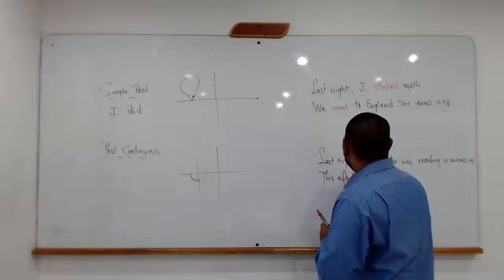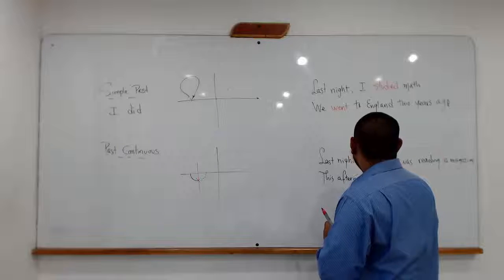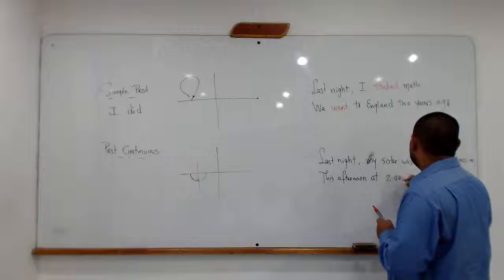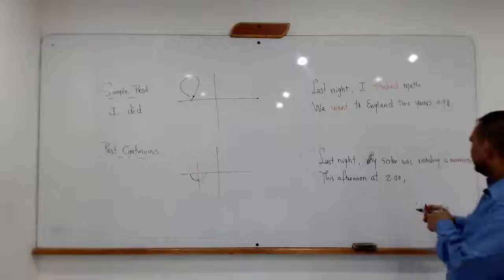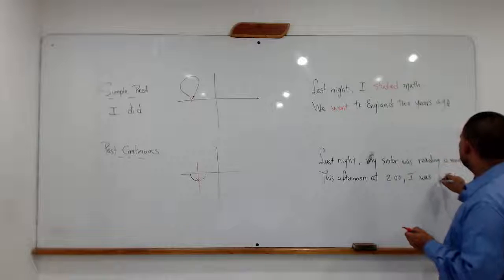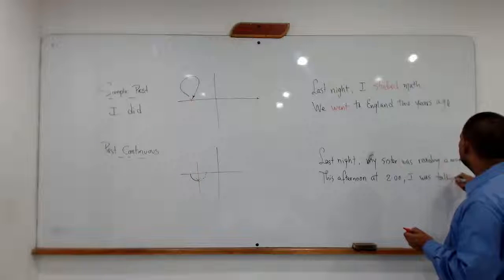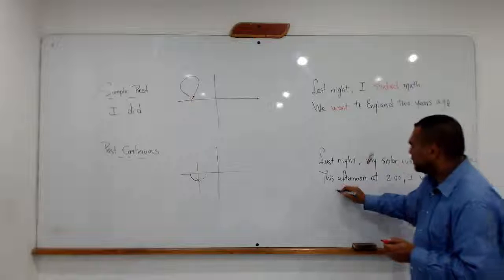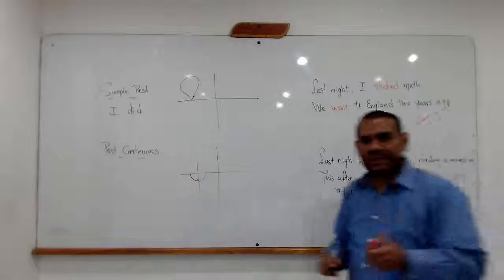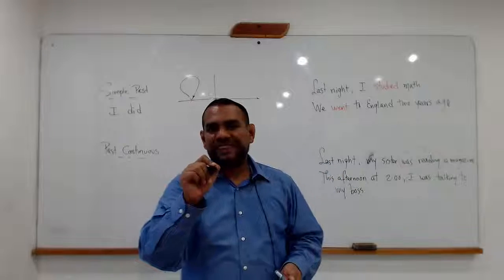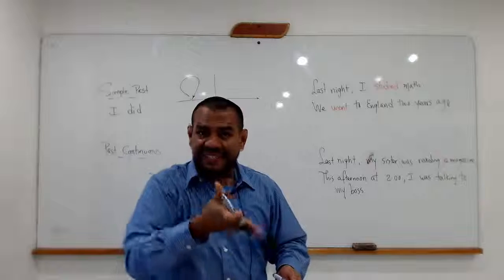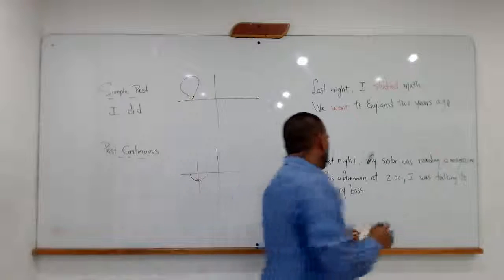Another example is this. This afternoon at 2 o'clock, I was talking to my boss. And look at this. Now I'm going to place an example that will show that an interruption can emerge and can, of course, break the development of the action.